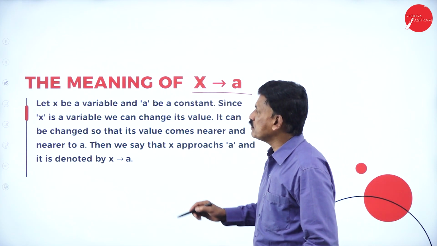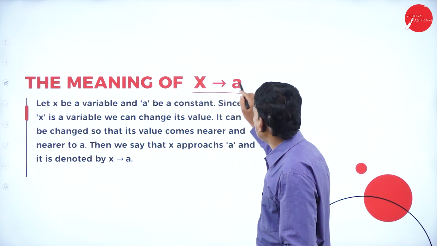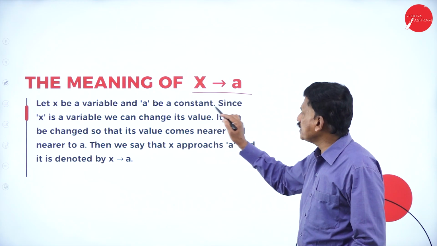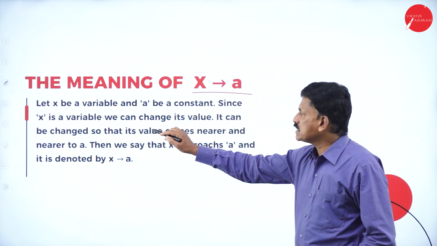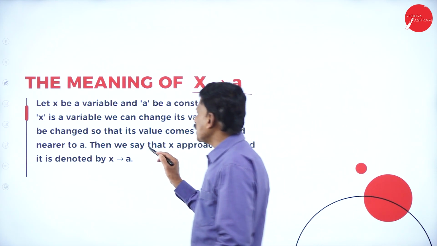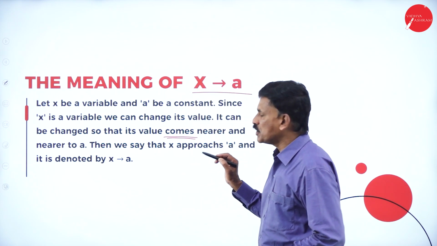X tends to a. That means let x be a variable and a be a constant. Since x is a variable, we can change its value so that its value comes nearer and nearer to a.